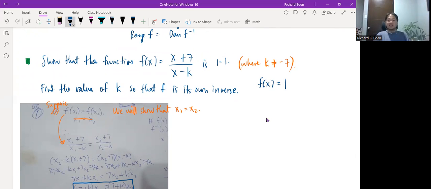And is this a one-to-one function? Technically, maybe. We would have to go back to the definition. For any value in the range, is the value of x responsible for it unique? This is the output.